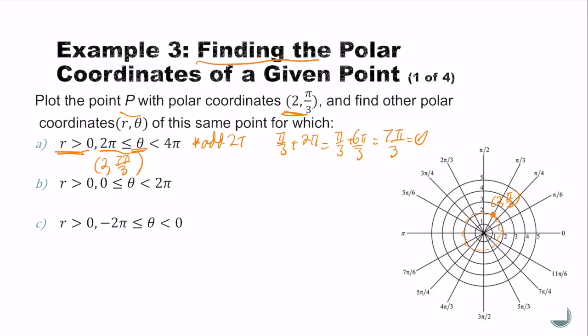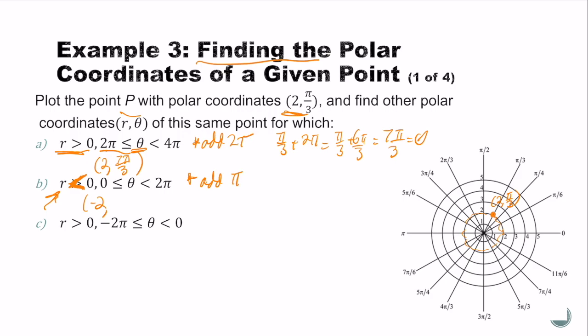Next, I have r is less than 0, and theta is between 0 and 2 pi. So I'm going to want to represent this with a negative. I'm going to have to make r negative. So let's be negative 2. And then I want to add or subtract pi.